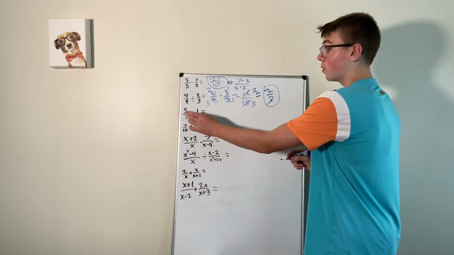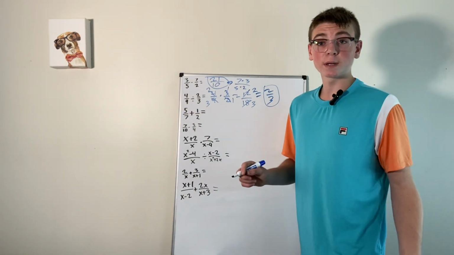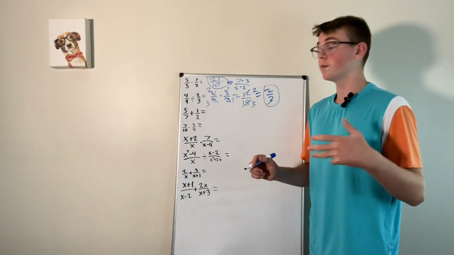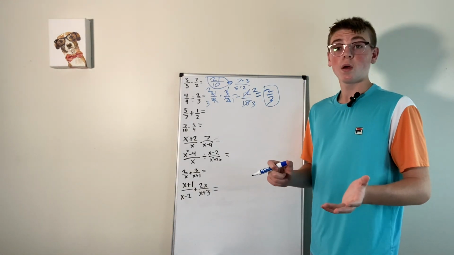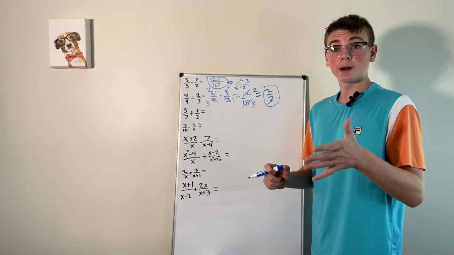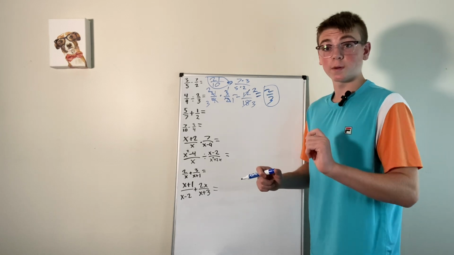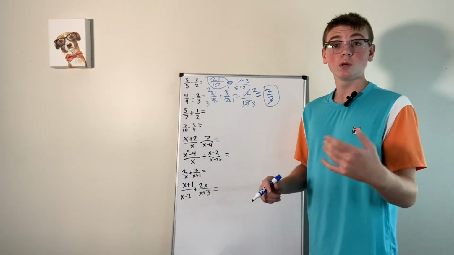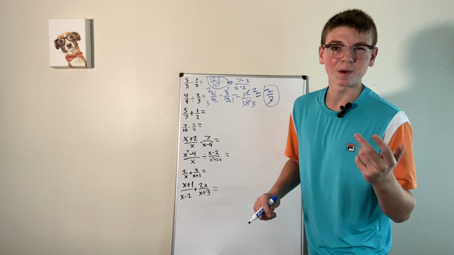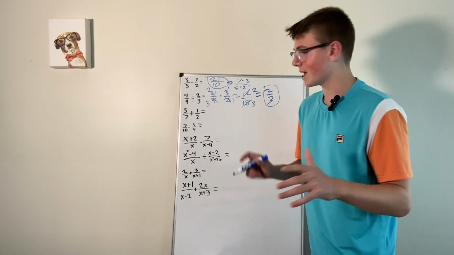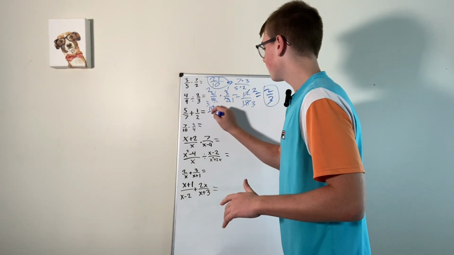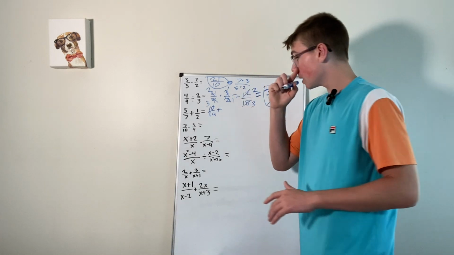What 7 times 2 is, is 14. So we need a common denominator of 14. How do we do that? Well, 5/7, if you want to make it something over 14, you'll multiply it by 2 over 2, which means you're multiplying it by 1, so it stays the same. So this will be 10/14 plus 1/2.